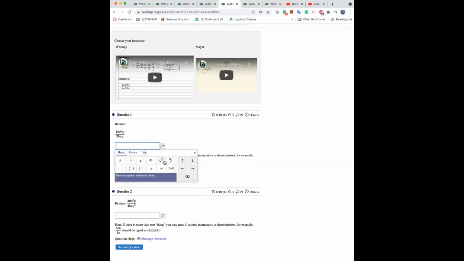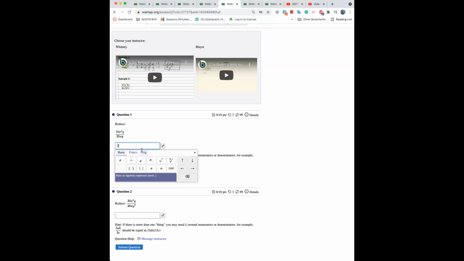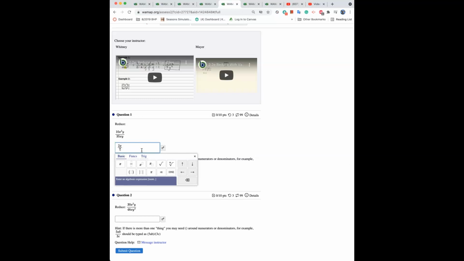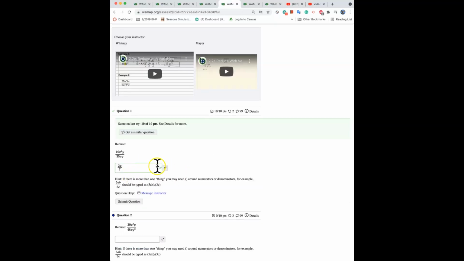But we want to have the 2 up there next to the x, ideally. So if you need practice or you need help, let me know. There are some practice things we can do to get better at entering numbers in at WAMAP. So let's see how this went. Okay, so we got a green check.